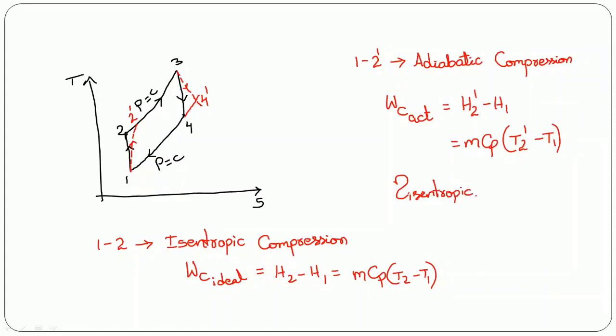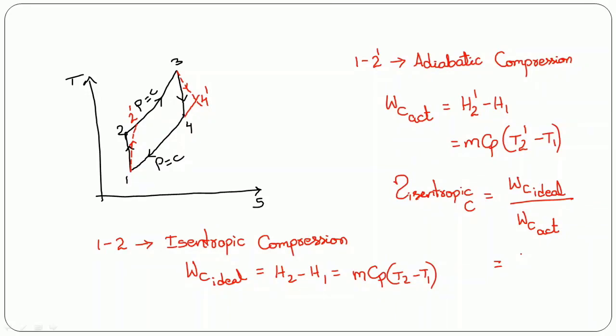So isentropic efficiency of the compressor will be work input that is required during an ideal process by WC actual. So you may get a doubt here, sir, usually we should write actual by ideal. Why we are writing ideal by actual in this particular case? See, here try to understand carefully.